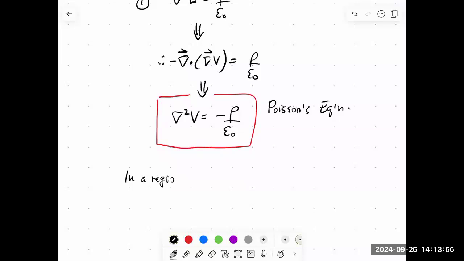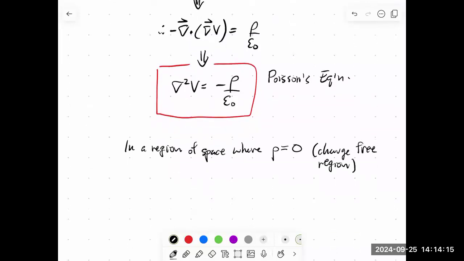It just says if we're in a region of space where there is no charge density, rho is equal to 0, so this is a charge-free region, then the Laplacian of V has to be equal to 0. Del squared V is equal to 0, and this is Laplace's equation.